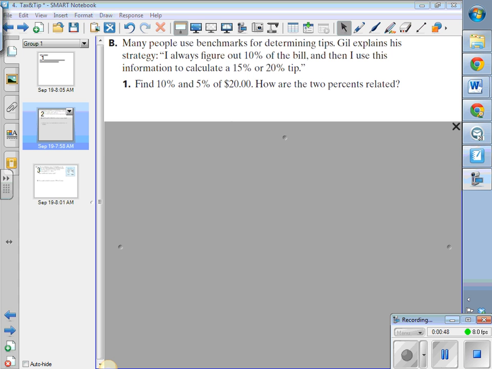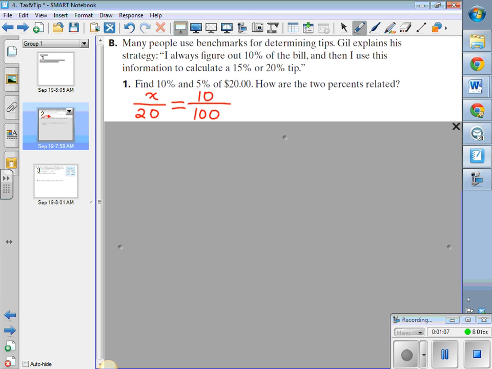Okay, so what we're going to do is set up our proportions with what we know. We're going to put our 100 down here, and it's out of 10%, and it's $20. So we're trying to find this one right here.